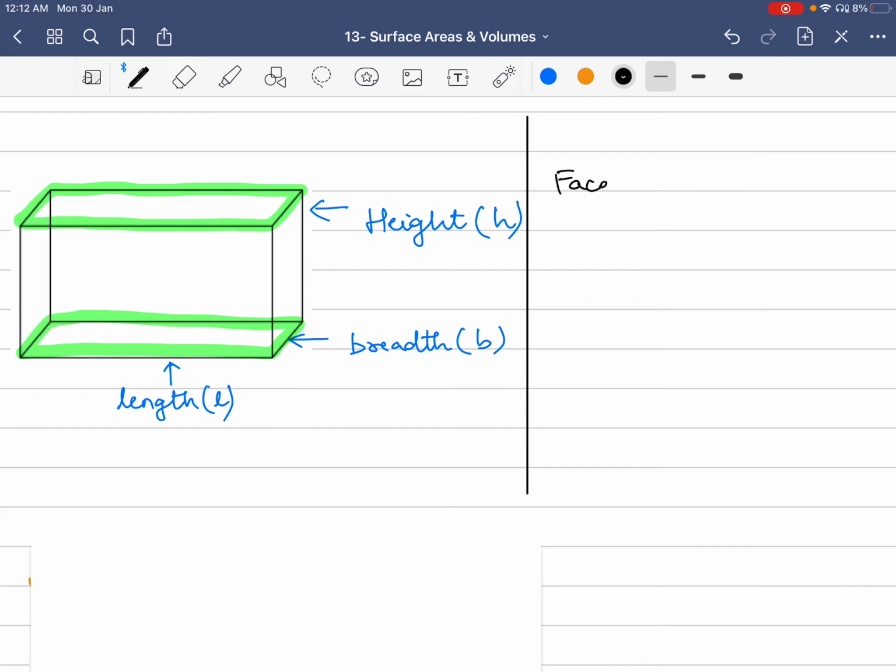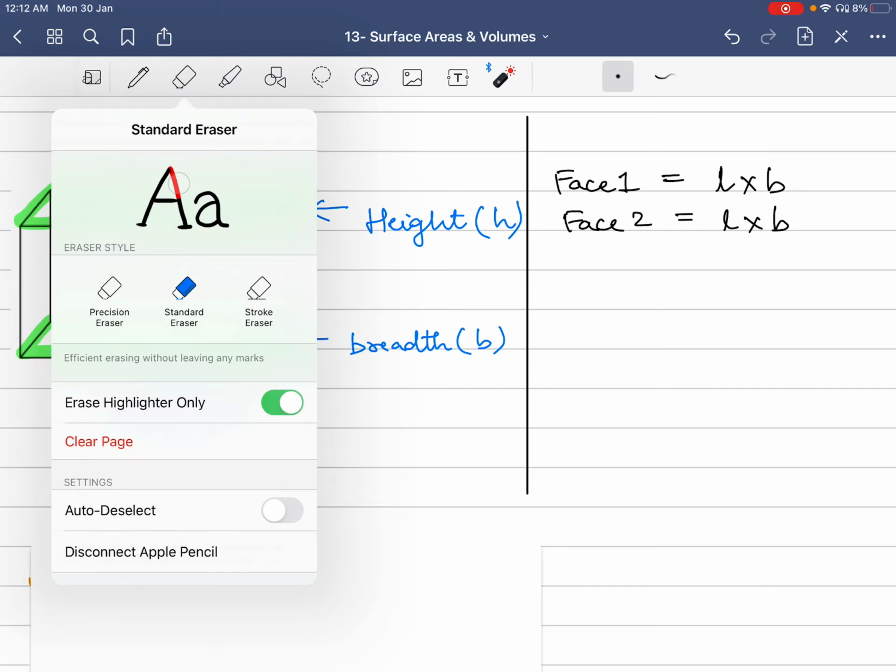So face 1 is equal to length into breadth, and face 2 is also equal to length into breadth. This is the length, this is the breadth. Even for this green highlighted part, this is the length and this is the breadth. So this becomes our face 1 and face 2. Now let us erase this highlighted part.